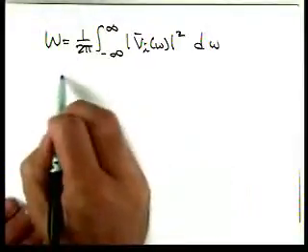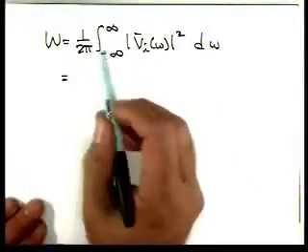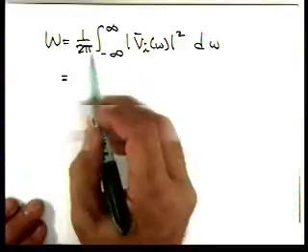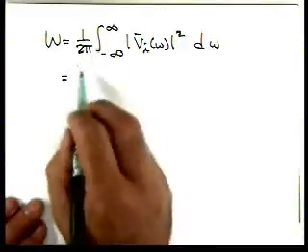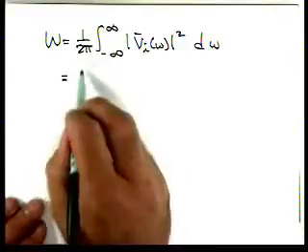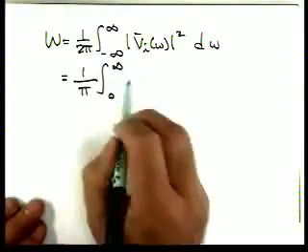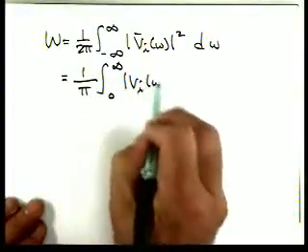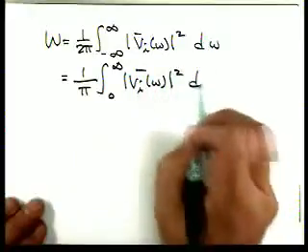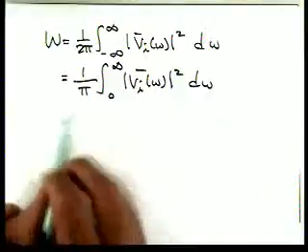Okay, now, since this is an even function, we can go in and double this and only integrate over half. Okay, so we doubled it and are integrating from 0 to infinity.